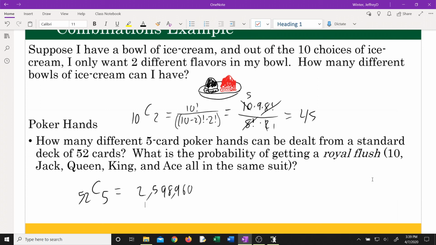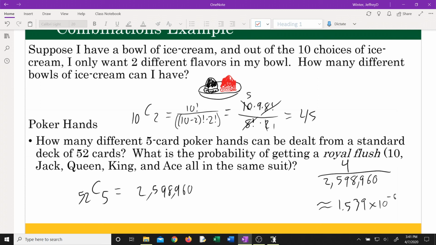A royal flush is where we get a 10, jack, queen, king, and ace, but they are all in the same suit. So first we need to figure out how many royal flushes there are. It ends up being that there are only 4 possible royal flushes, basically just one for each suit. If we take the number of royal flushes and divide it by all of the hands possible, we'll end up with our probability.